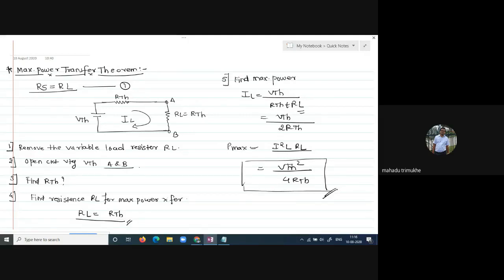If you get the short circuit current, you can calculate RTH. RTH is nothing but VTH divided by IN. That VTH you have already calculated in step number 2, and IN is the short circuit current. Then you can easily get the value of RTH. But for a mixed source, for calculating RTH, don't turn off the sources.